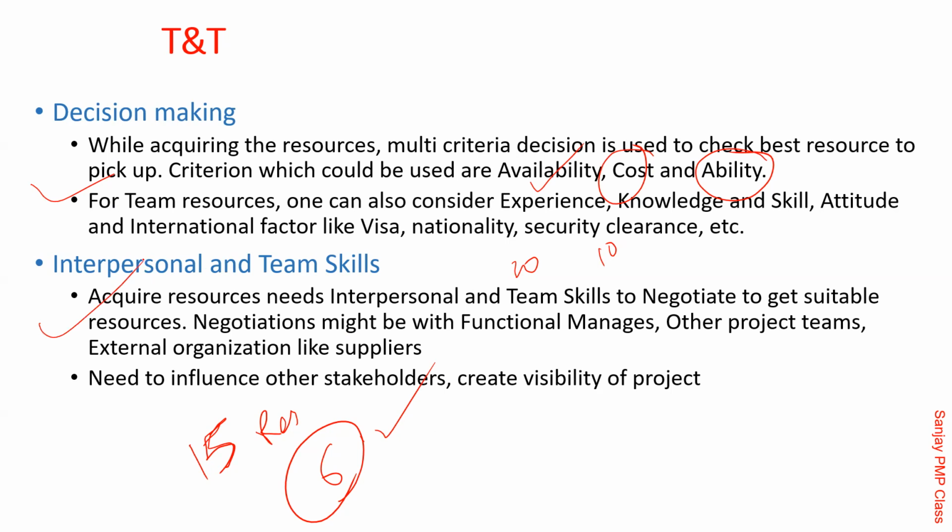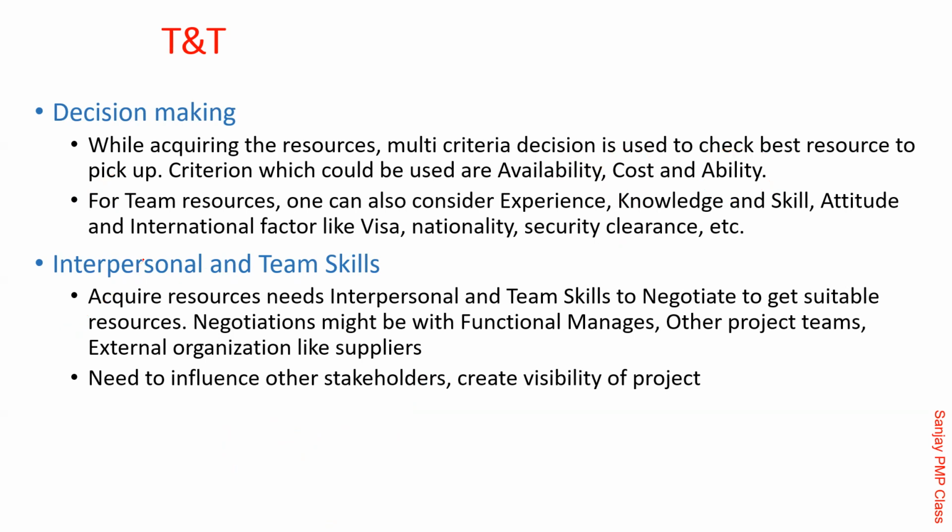Then interpersonal and team skills. As even Aniruddha was just now saying, he influenced things to get the right people. And that's what Acquire Resources needs: interpersonal and team skills. Because you'll have to negotiate with the functional manager, the team itself, sometimes the supplier, sometimes the sponsor. The sponsor said you can take any person whose rate is between $20 an hour and $25 an hour.